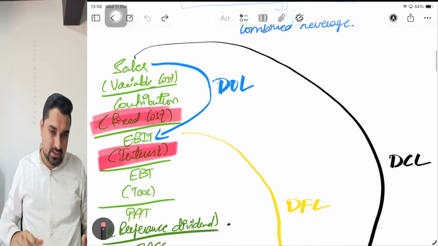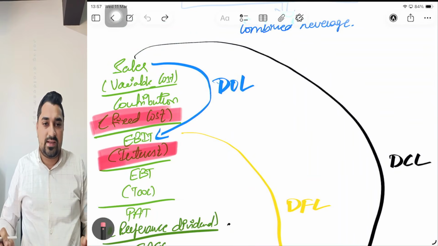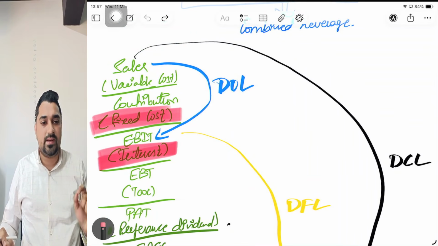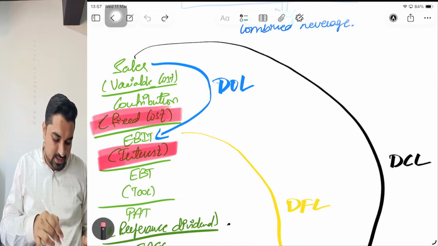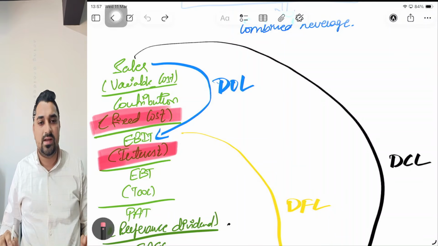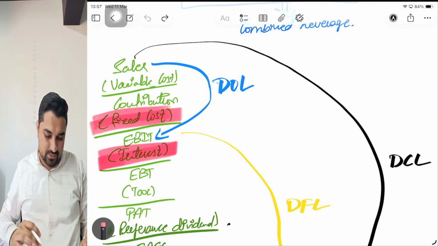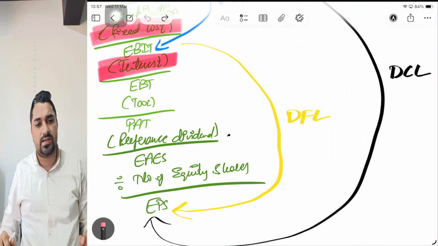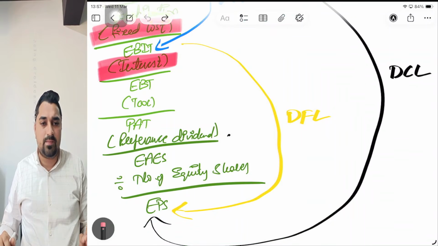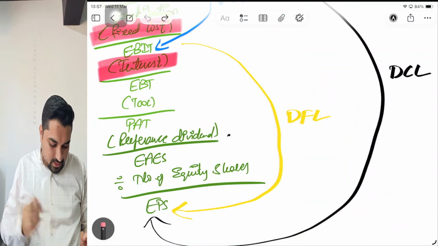Now what does degree of operating leverage exactly measure? It measures the impact of change in sales on EBIT. In other words, if my sales changes by 1%, what is the impact on my EBIT? If you can see the blue color arrow. Now coming to financial leverage. What does financial leverage measure? It measures the impact of change in EBIT on EPS.